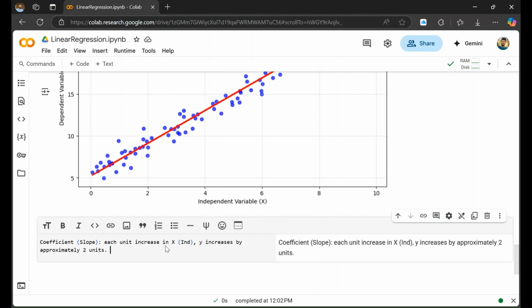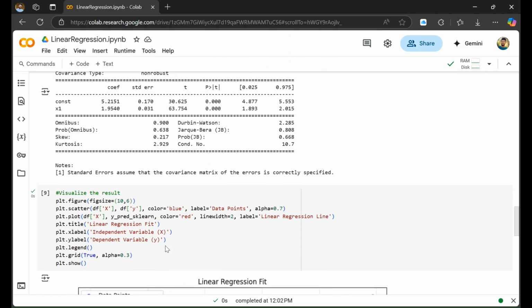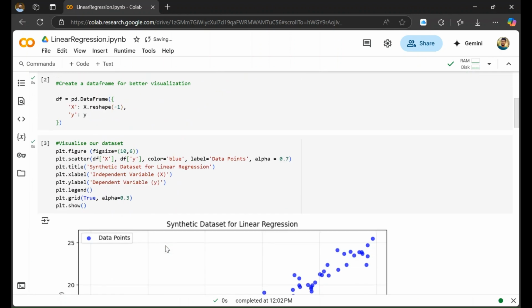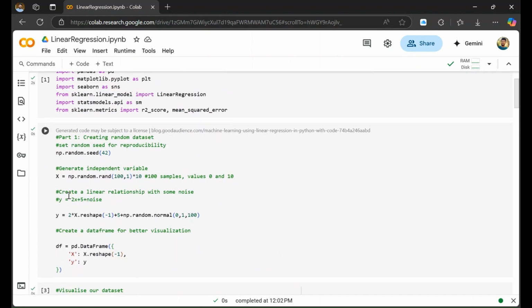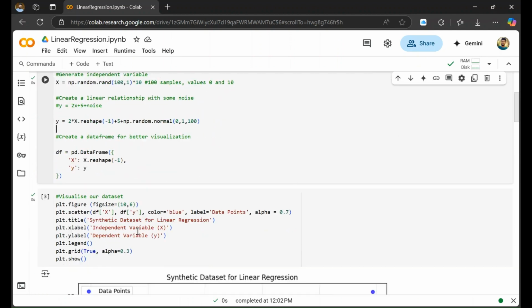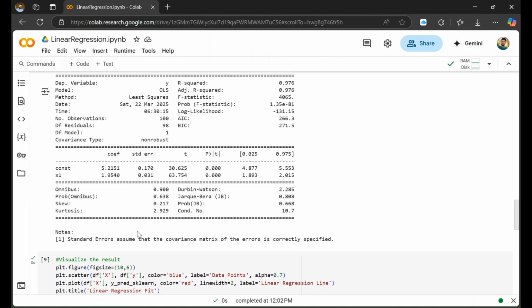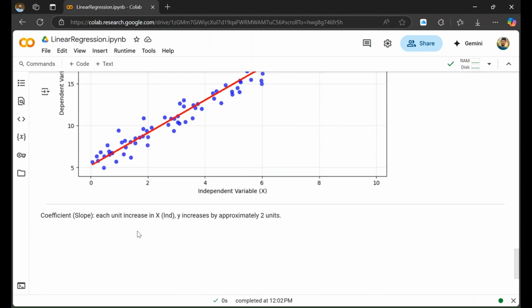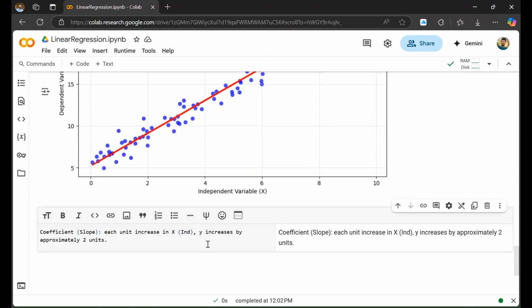This coefficient matches our true value of 2 in the data generation process. If you remember the data generation process, we gave a coefficient of 2 there. So the coefficient that our model is giving out is approximately 2, right?